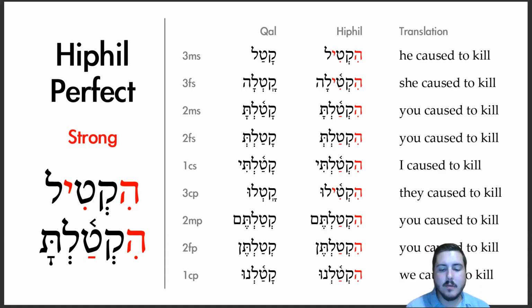But on 97, for the Hifil perfect, his example, Martin uses shamar. But on page 101, you'll find him using katal like he does here. And if you go to 105, you've got the list that we're looking at right now, comparing the qal, the Nifal, the Hifil, and the Hofal.